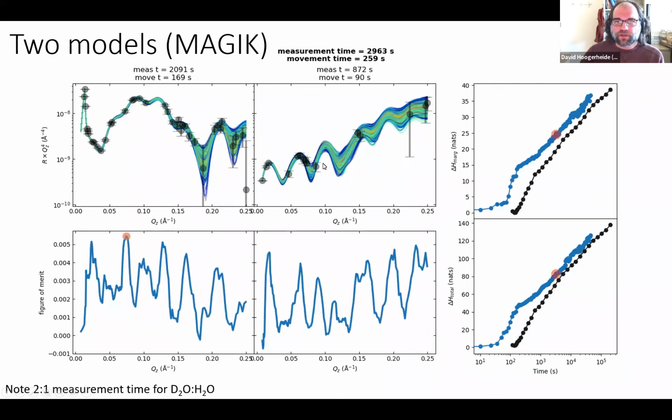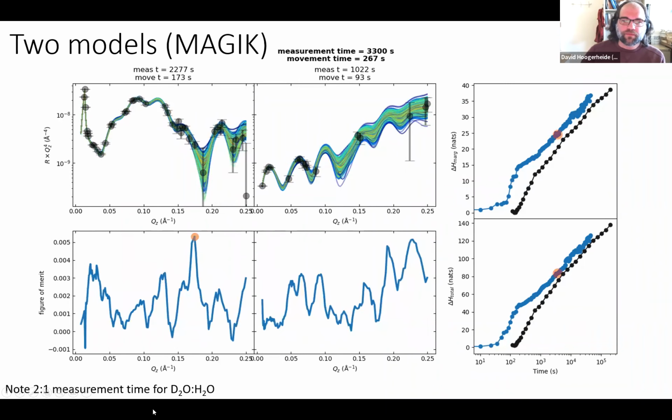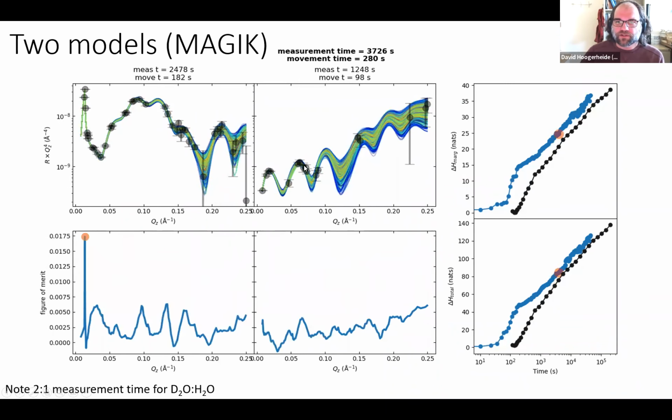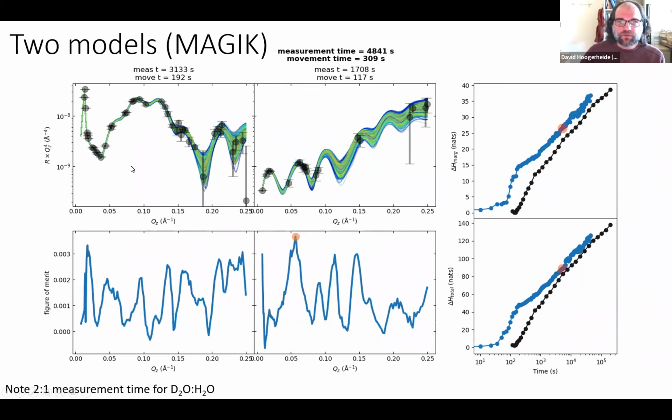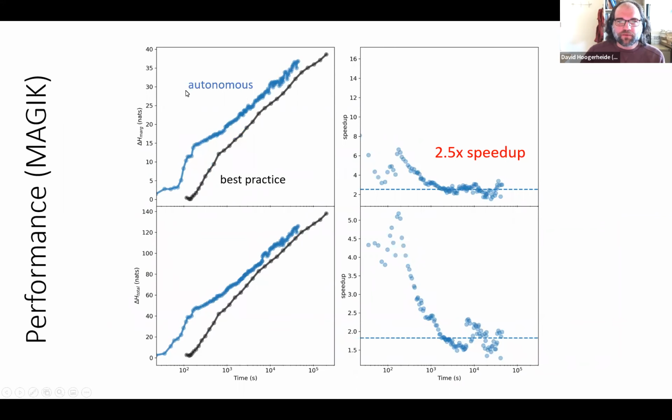So we can predict what the optimal time perhaps is that you might spend on D2O versus H2O contrast to get the most information about your sample. For this 2-model system, the speed up that we get relative to our best practices is actually even better than it is for this single D2O only case that I showed you before.